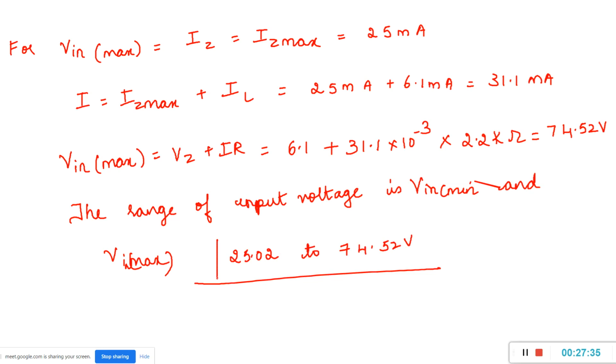So this is the range for which the output voltage Vz should be constant. So what is the varying input voltage so that we can apply that voltage to get the constant voltage? It is 25.02 to 74.52. If you apply more than this or lesser than this, then we don't get a constant voltage Vz. Yes. So this problem is done.